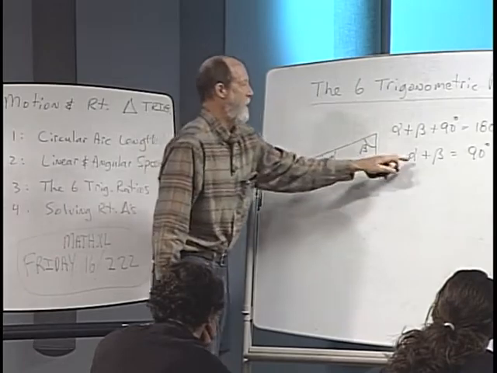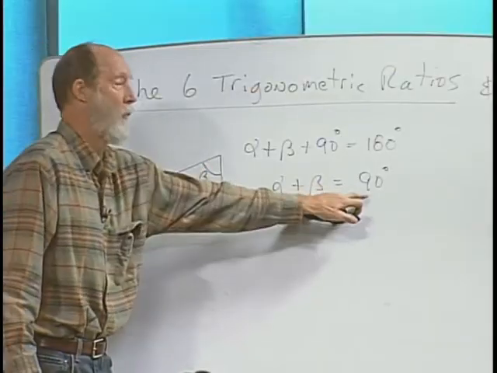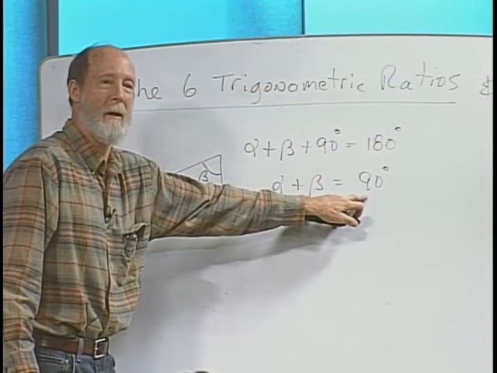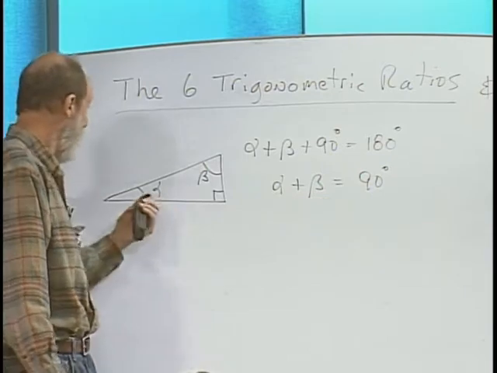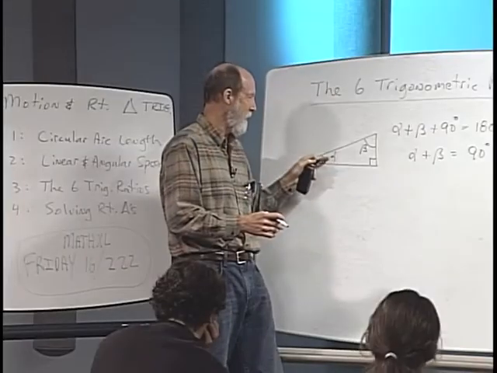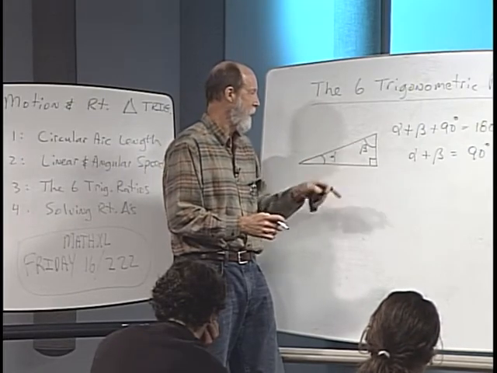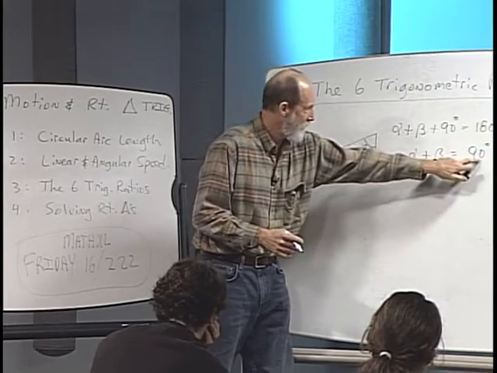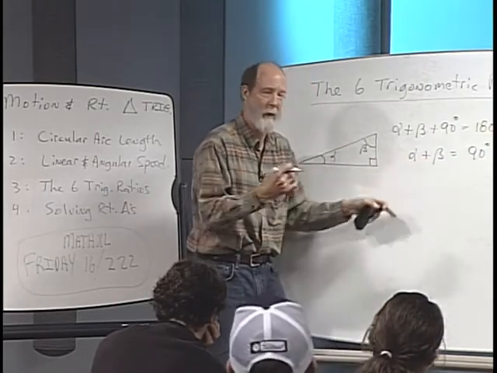We call alpha and beta what kind of angles, if this condition holds true? Complementary angles. Each of those angles is indeed acute. They're less than 90 degrees, and the sum of them adding to 90 indicates that each of these angles is a complement of the other.